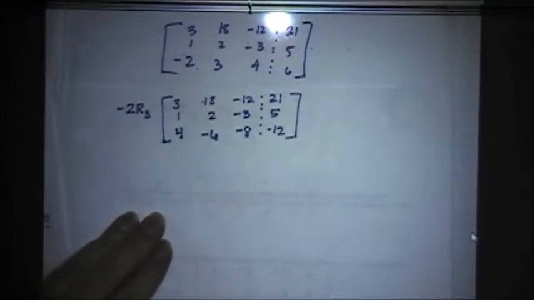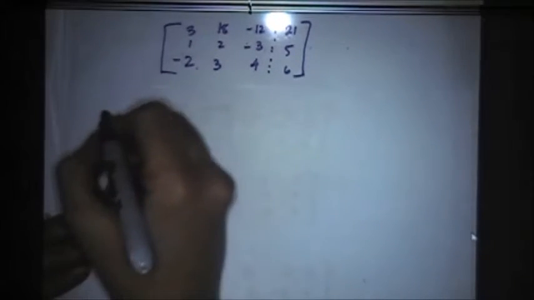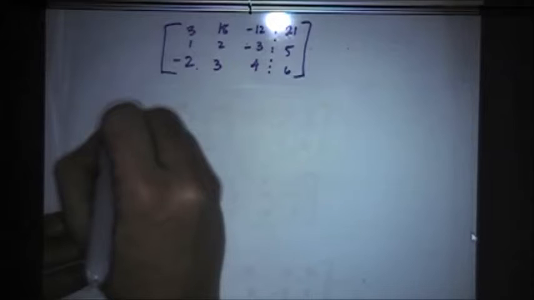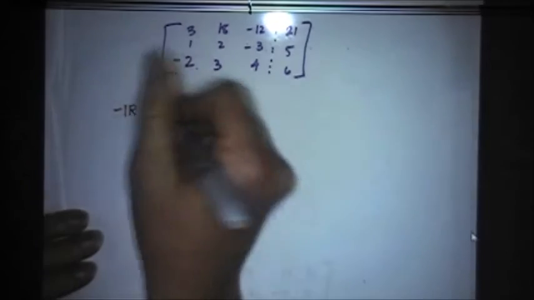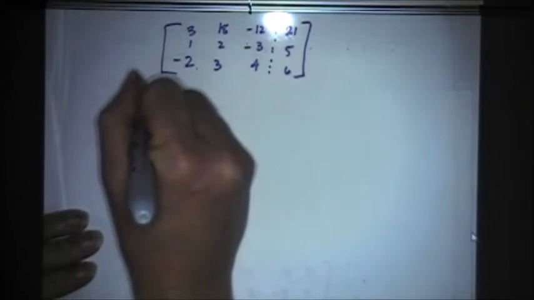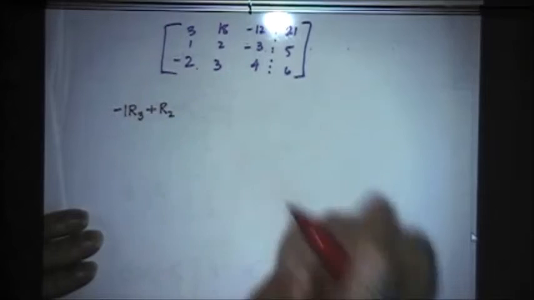And then the last row operation that we discussed was multiplying a row by a non-zero and then adding that to another row. So the way that would be indicated would be something like negative 1 row 3 plus row 2.